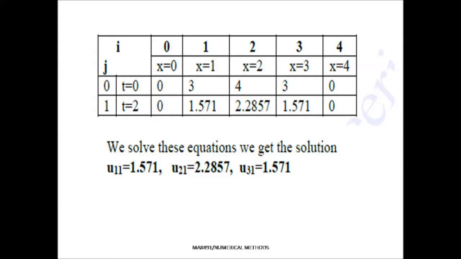So now see that u11 is 1.571, u21 is 2.2857 and finally u31 is 1.571. So we have found our solution by simply solving our points.